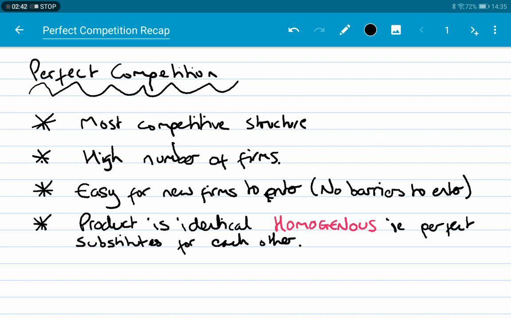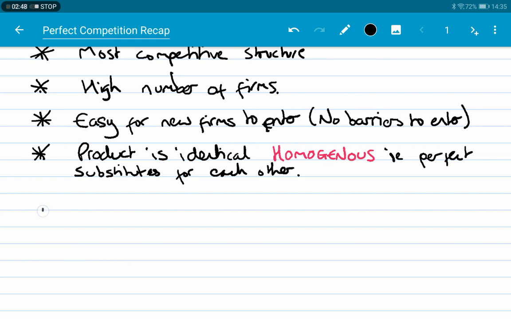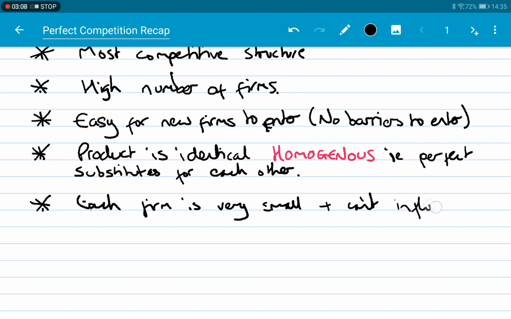Because there are lots and lots of firms, we also assume that no one firm has got any real control over the market. So each firm is very small and can't influence the market price.